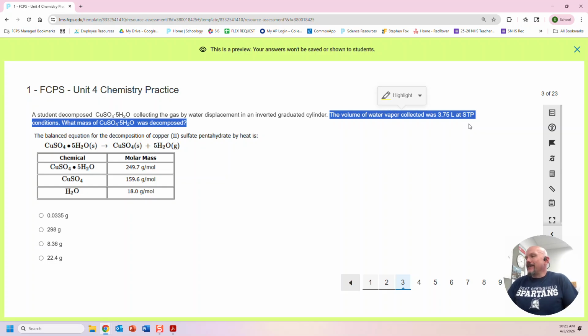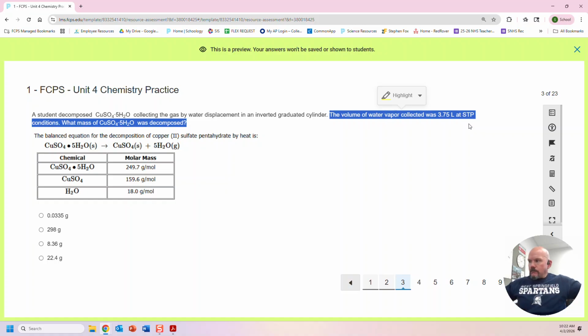Standard temperature and pressure is 0 degrees Celsius, so the freezing point of water, and 1 atmosphere of pressure. So when water is under those conditions, it's ice or very cold liquid. It's not a gas. So they really should ask a question about a gas at STP of an actual thing that is a gas at standard temperature and pressure.